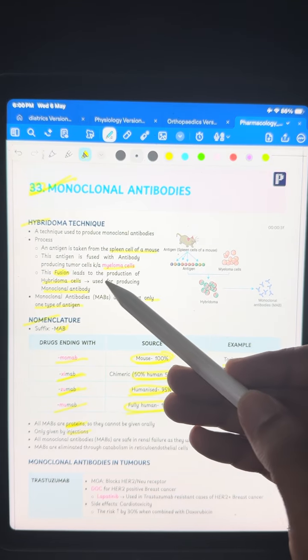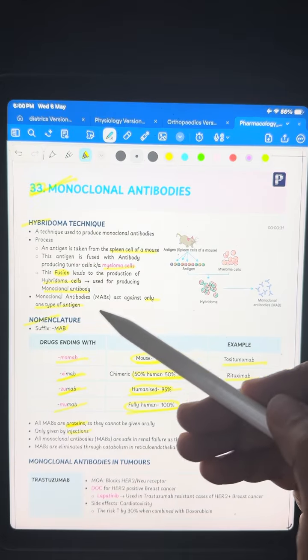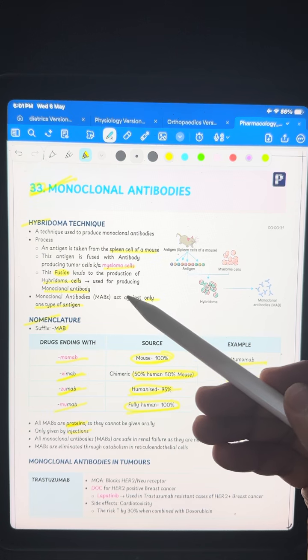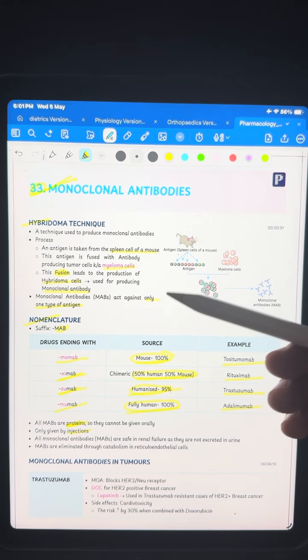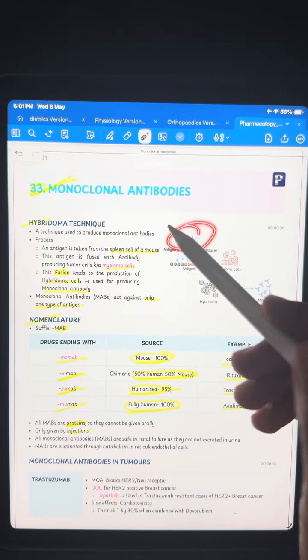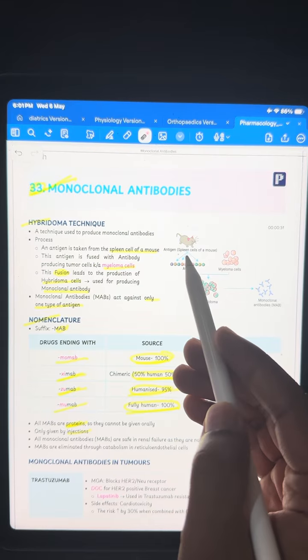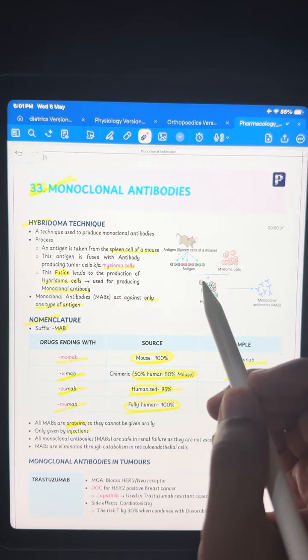The fusion leads to production of hybridoma cells, which are used for producing monoclonal antibodies. And in this you can see there is a mouse, where the spleen cell of this mouse will be used.